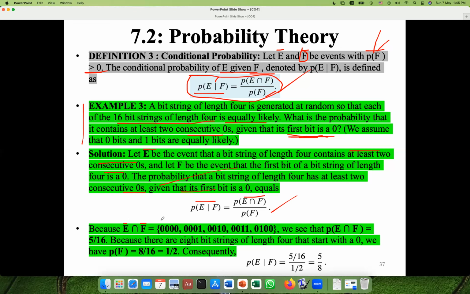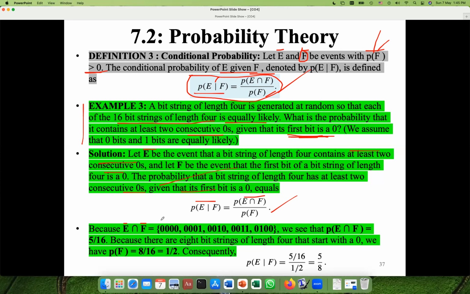This is 2, this is 3, that is 3, this is 4, this is 5, this is 6, this is 7, and then 8.